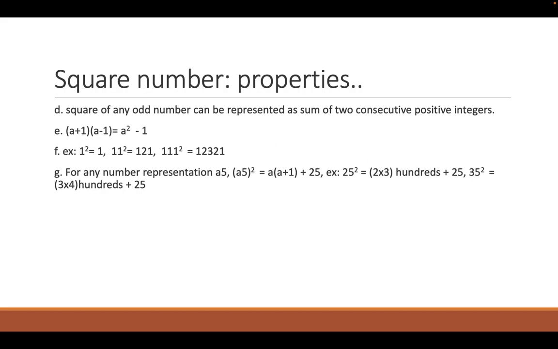It's saying a multiplied by (a plus 1), followed by 25. For example, 25 square equals 2 multiplied by 3, followed by 25. So this is also an interesting pattern that is represented with a formula. If a number is written with a and 5, you can represent it like that.